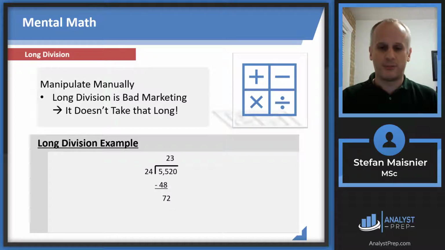So we'd multiply 3 times 24 and subtract 72 from 72, thereby leaving behind only a 0. And we're basically done, to discover that 5,520 divided by 24 is 230 exactly.